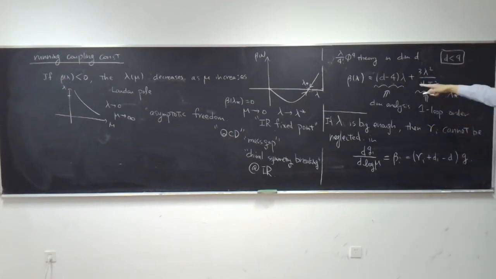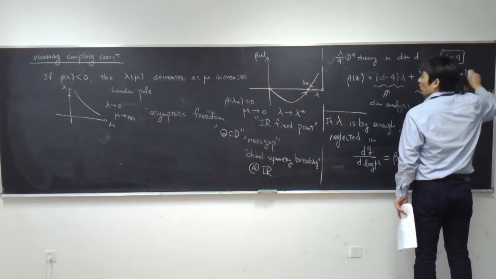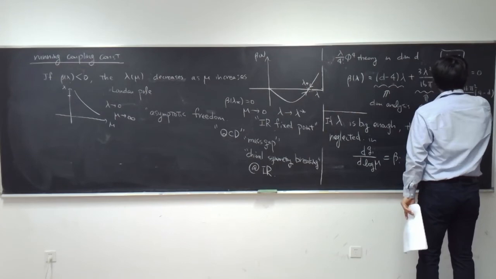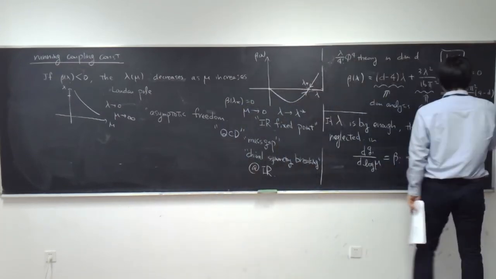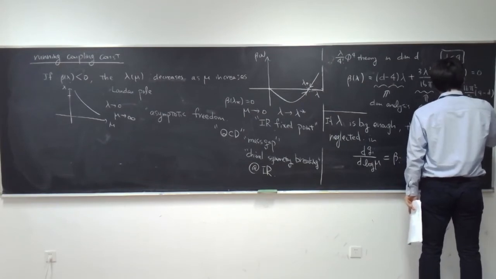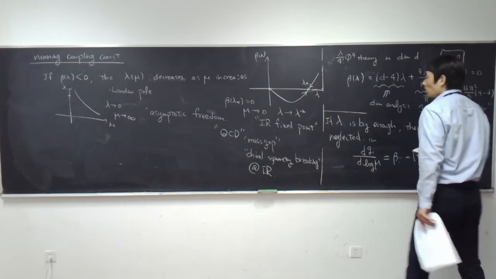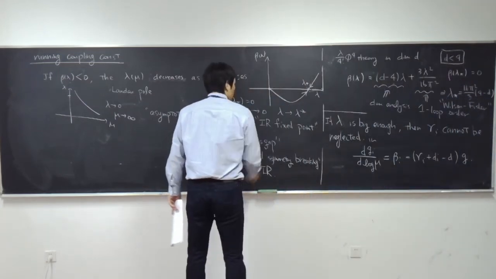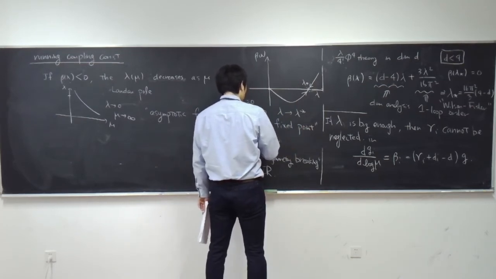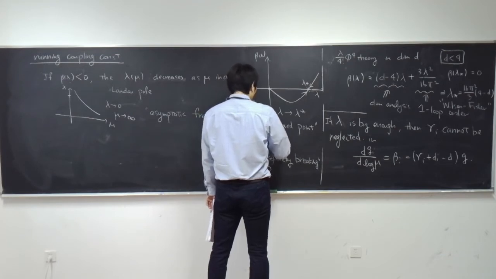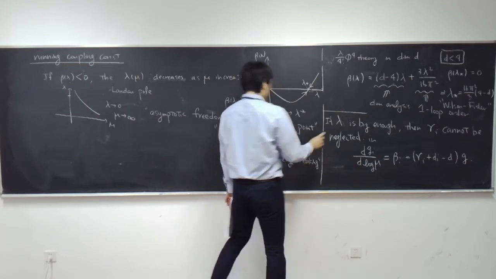So you just solve beta of lambda star equal to 0. This point was first found by Wilson and Fisher. So this point is called the IR fixed point, or sometimes the Wilson-Fisher fixed point.